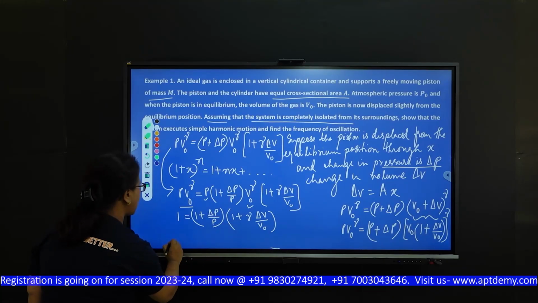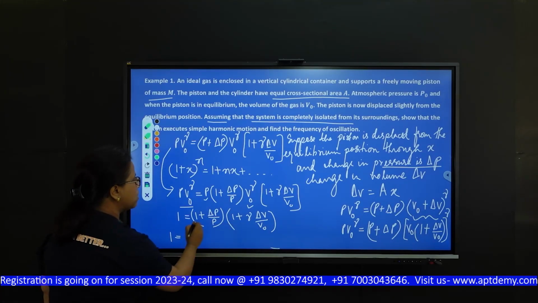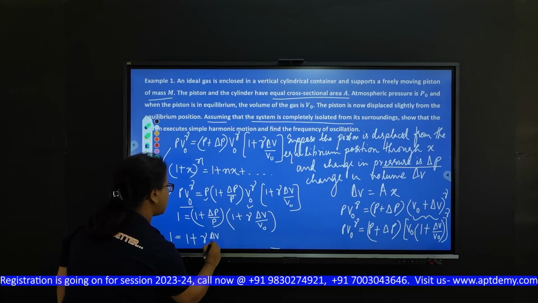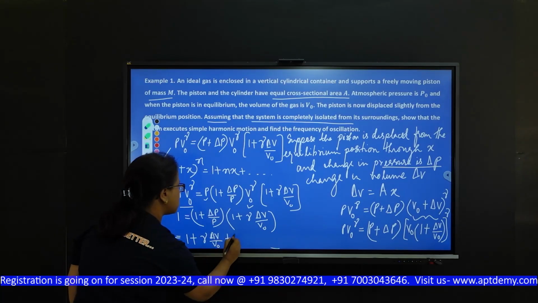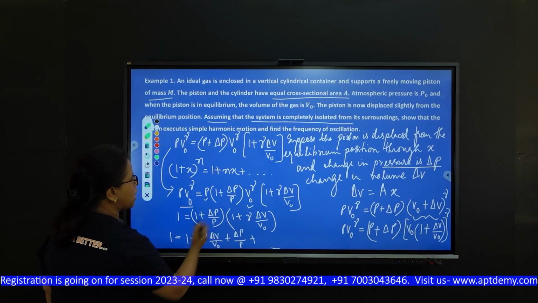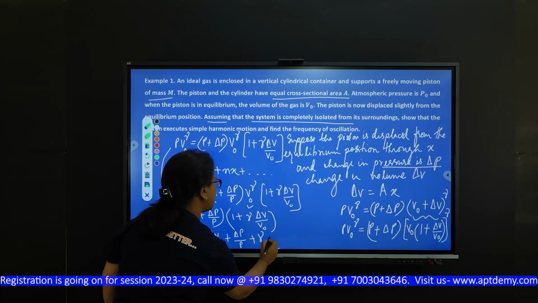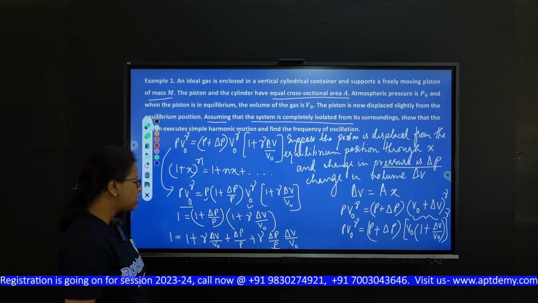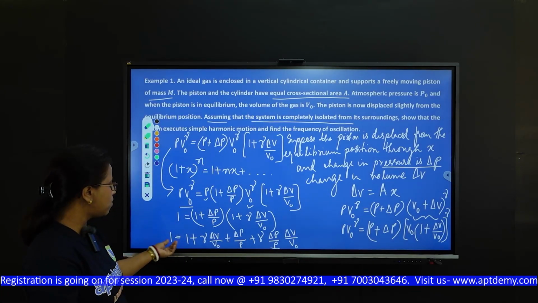Now let's break this up. We have 1 equals 1 plus gamma delta V by V naught plus delta P by P plus the fourth term, that is gamma delta P by P times delta V by V naught. So you can see that the first term is getting cancelled out with the left hand side.